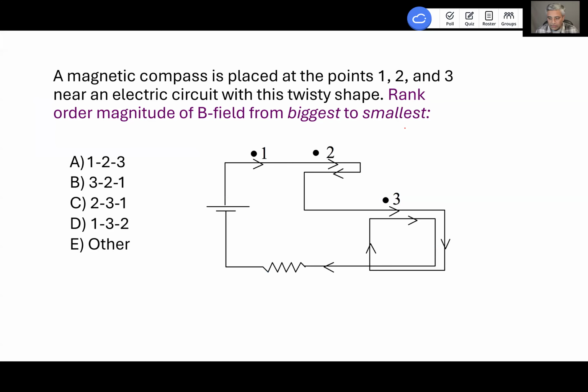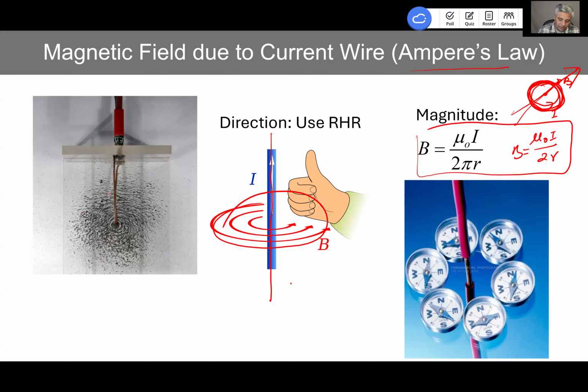So now it's your turn. B is mu naught I over 2 pi R. Here you saw sometimes current may be flowing through two wires, right?